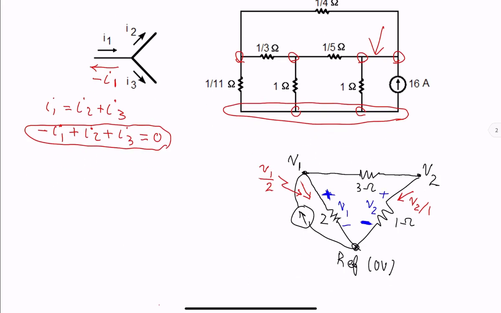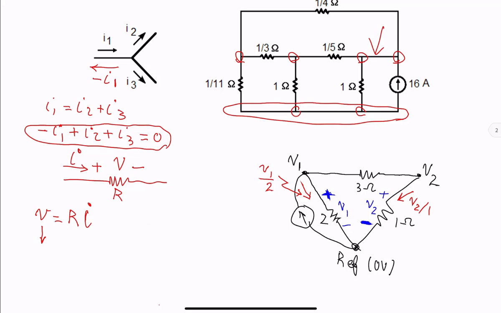One more thing, we're using passive convention for the resistors. So if we have a resistor with resistance R, voltage V, current I should be entering the positive reference of the voltage. And for this, V is equal to Ri. This equation is not as simple as it looks.